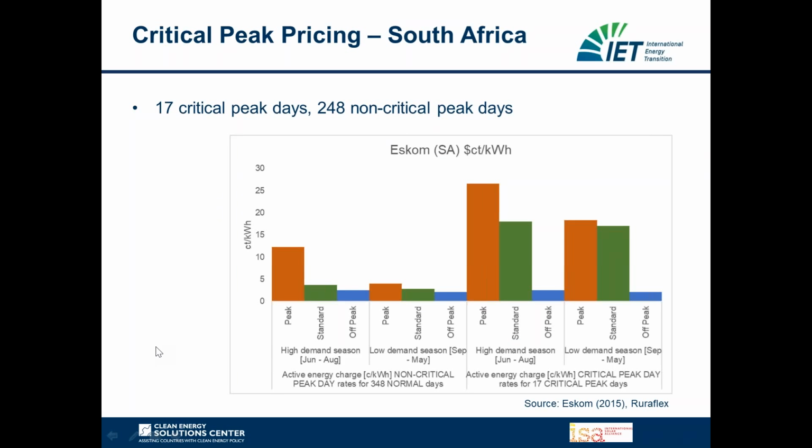Here is one example from South Africa, where Eskom is offering critical peak pricing under the Rural Flex tariff. You see here on the right-hand side that these critical peak days occurred 17 times in 2015, whereas in the other 248 days, there were no such critical peak prices.